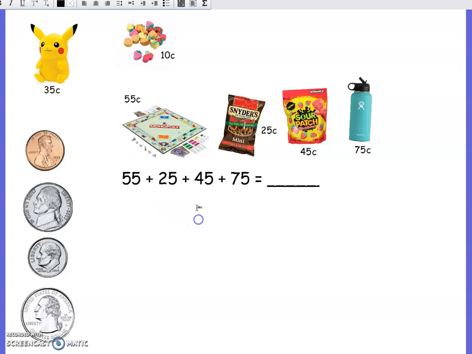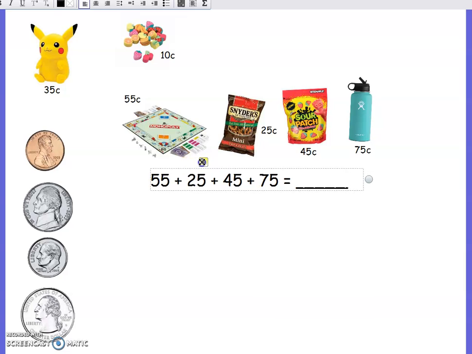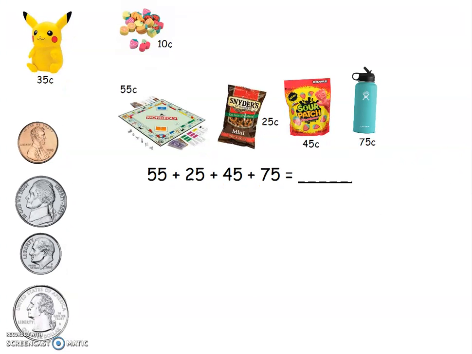Okay, so if you want to continue by pulling down your coins and adding your coins, go for it. That's a great strategy, great practice. I am going to, this time, just focus on breaking our numbers into tens and ones and showing you that way, okay? So we'll go ahead and get started.